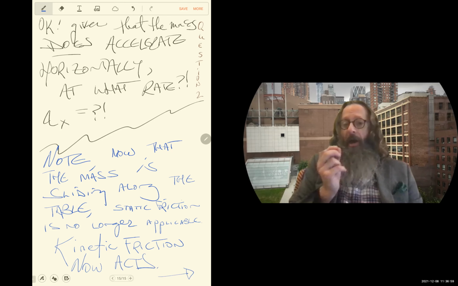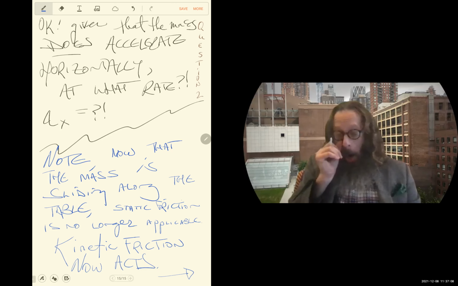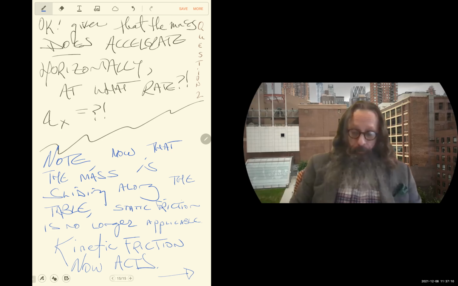We have a straightforward F net equals MA problem. We have the F's, and we're looking for the A in the x-axis. So I'm going to do my analysis in the x-axis.